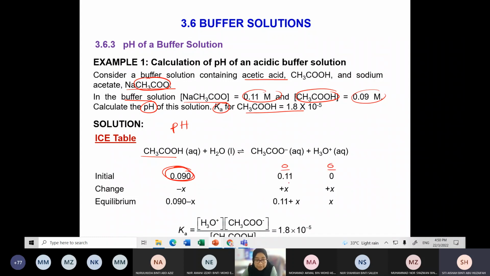But this is a buffer. A buffer means that at the beginning it already has this and this in significant amounts. So what you have to do is fill up the initial row for the weak acid and also for the conjugate base.